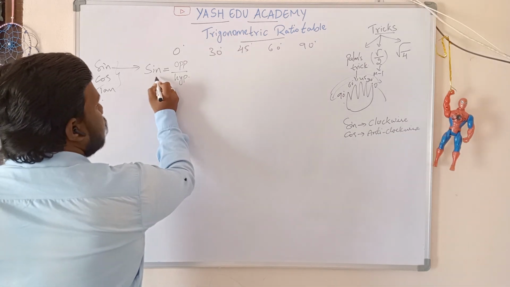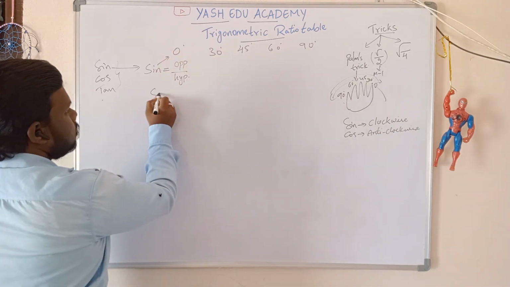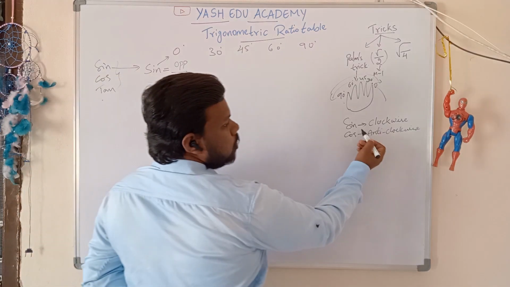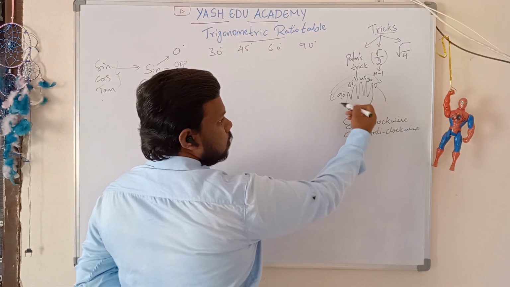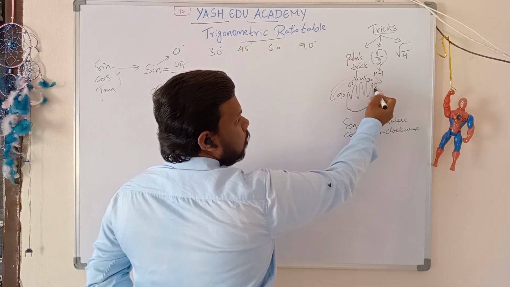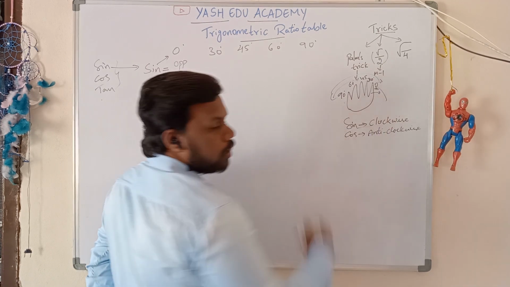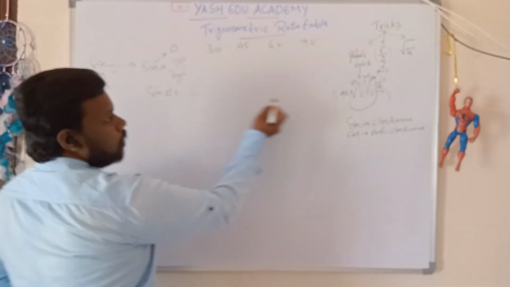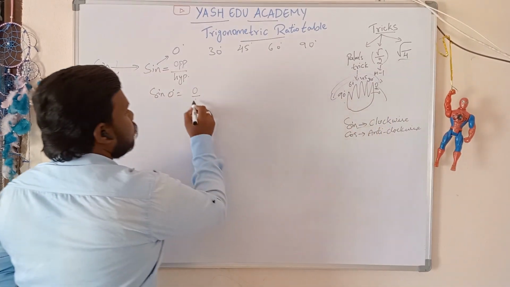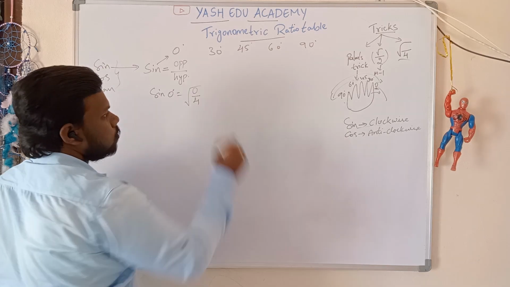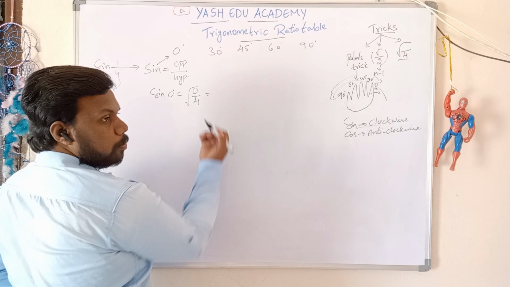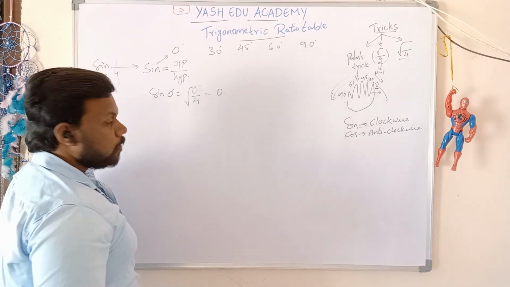Now for sine 0, how should we consider it? Clockwise direction, so from left to right. After this little finger, is there any finger left? No. So 0 by whole root by 4, that is 0 by anything is 0.